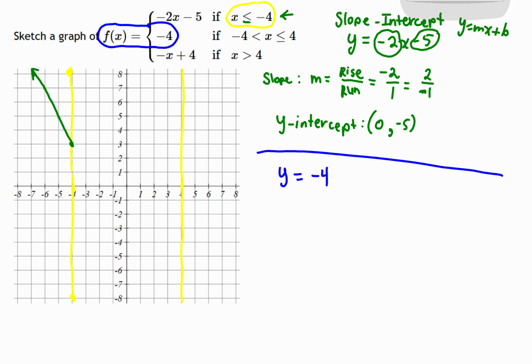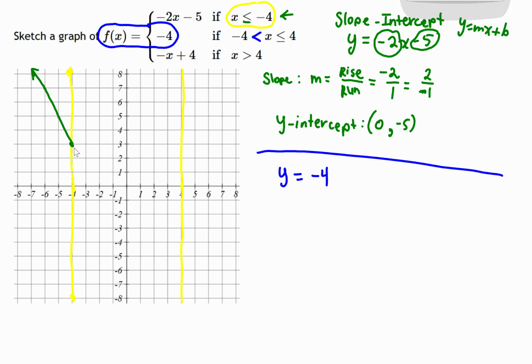Notice that the inequality symbol right here does not have equivalence in it, and that makes sense because we already had equivalence on the previous piece, and it wouldn't make sense to have it also on the next piece.